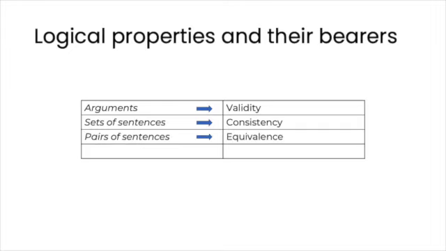If we consider pairs of statements, we'll be interested in whether they are equivalent or not. Last, if we look at individual statements, we will determine whether they are logical truths, contradictions, or contingent statements. As I said earlier, we'll devote considerable time to the discussion of each of these properties, but today's video will deal with equivalence.